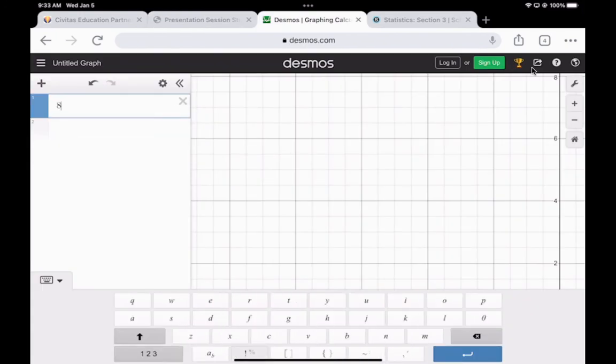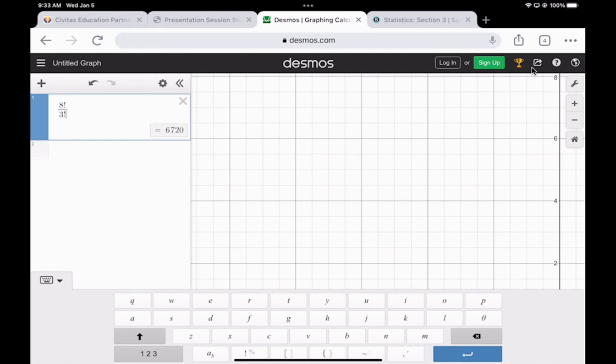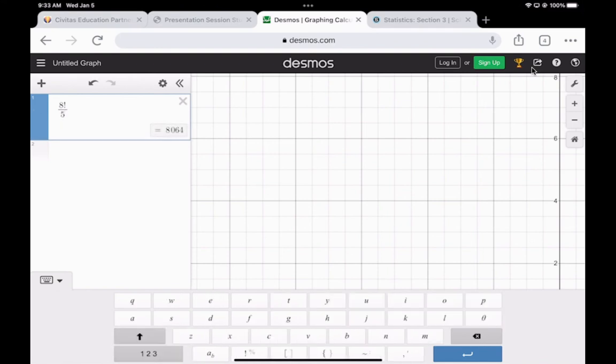So 8 factorial divided by 3 factorial gives you 6,720. Wait, is it 3 or 5? Sorry, it's 5. Sorry, yes, thank you, Allie, it's 5. I just remembered the wrong number. So it should be 336.